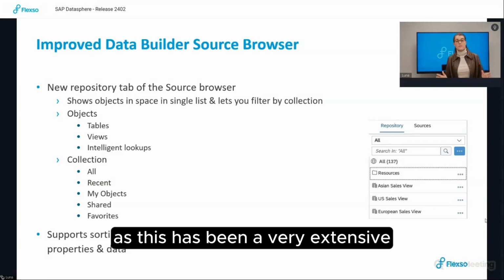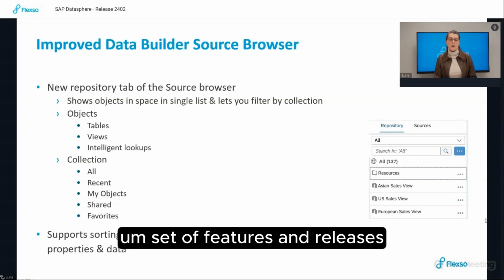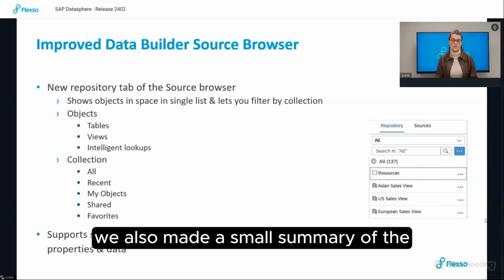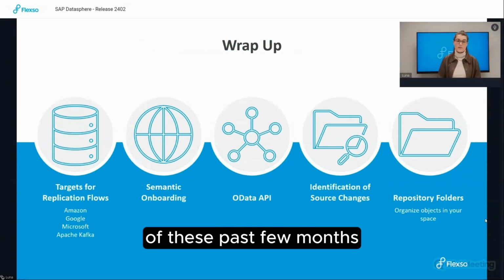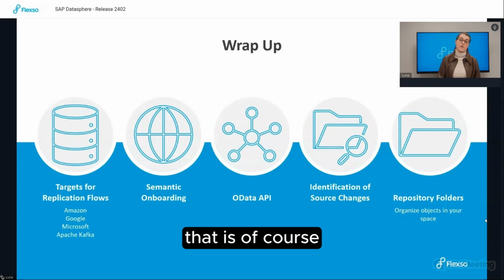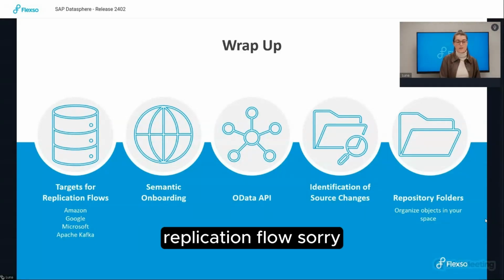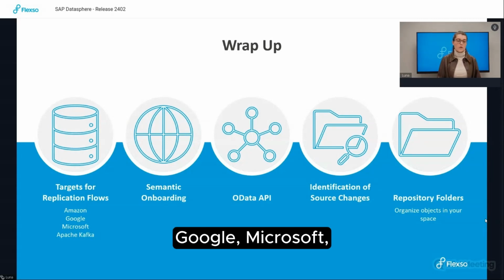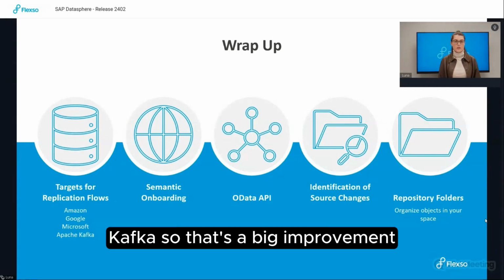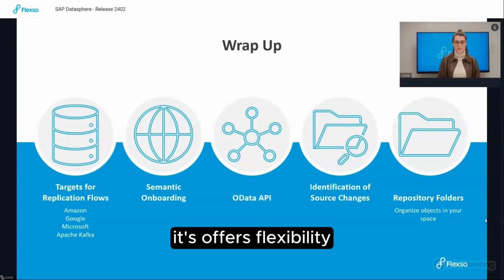As this has been a very extensive set of features and releases, we also made a small summary of the top 5 features, let's say, of these past few months. And that is, of course, that in the replication flow, we now have new targets: Amazon, Google, Microsoft, Kafka. So that's a big improvement. It offers flexibility.